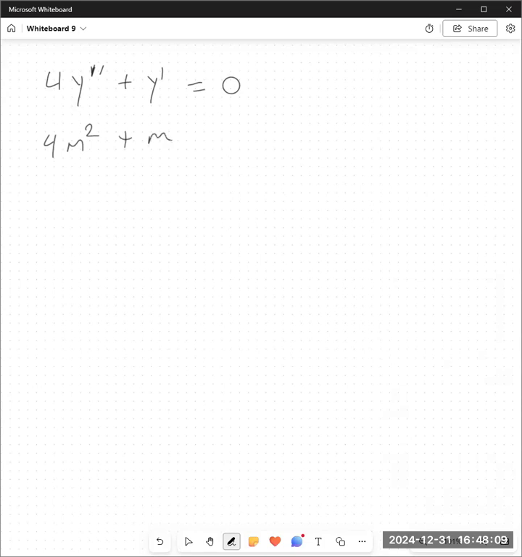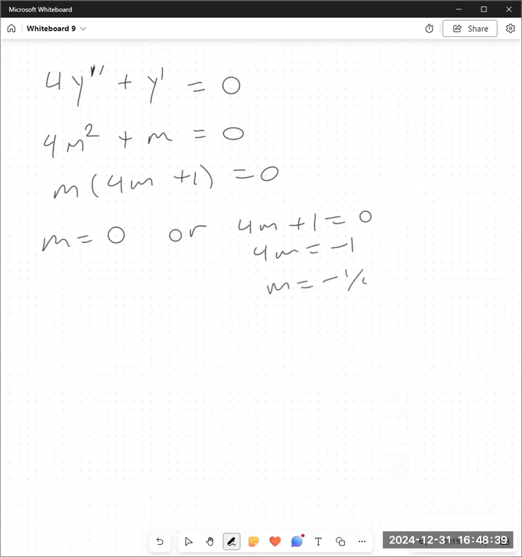I'm going to use the variable m here. That's the way that I learned it. So 4m squared plus m equals 0 is going to be my auxiliary equation here. Then I'm going to factor this and solve it for m. So m equals 0, or 4m plus 1 equals 0, 4m equals -1, and m equals -1/4.